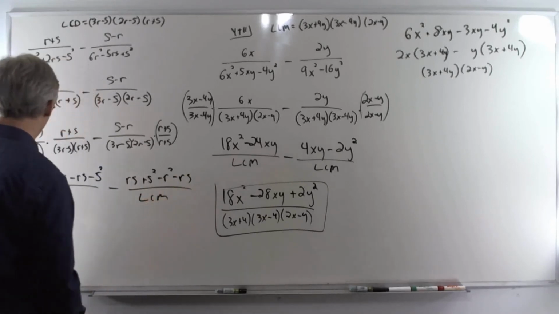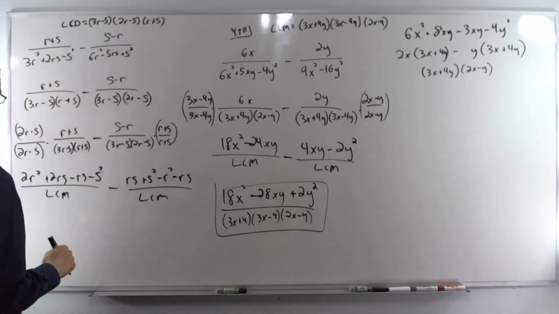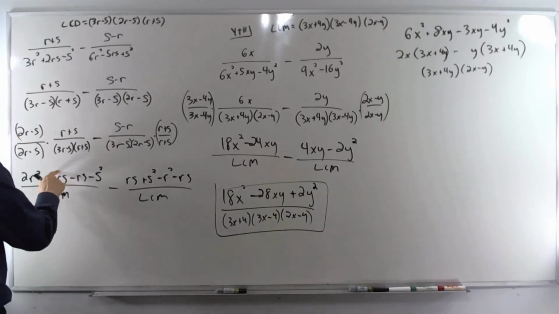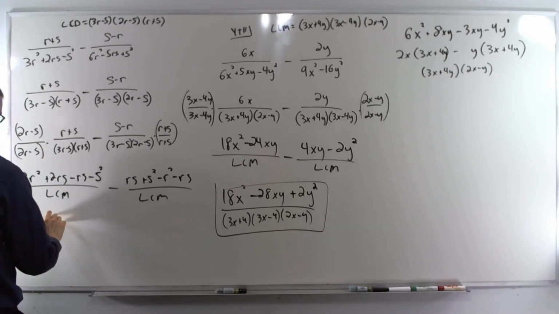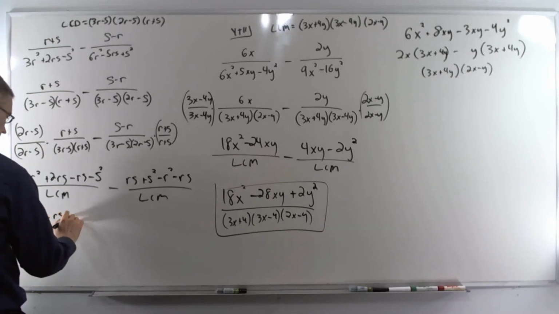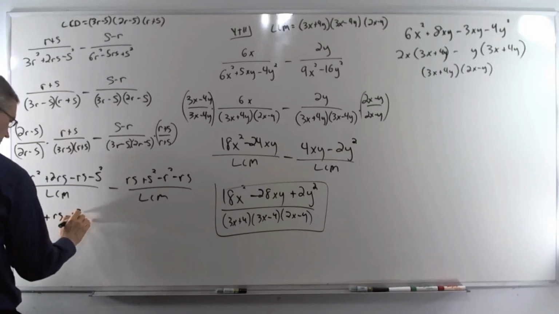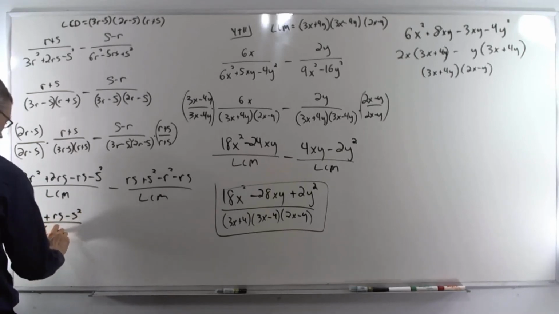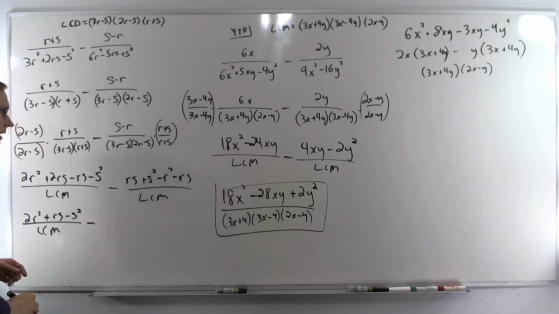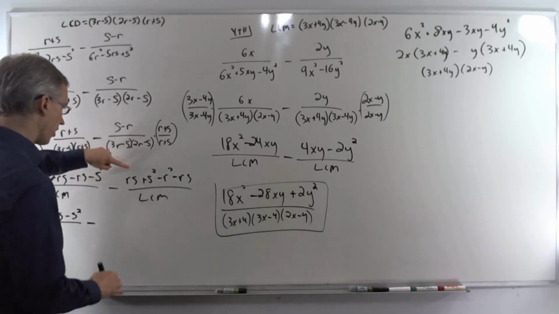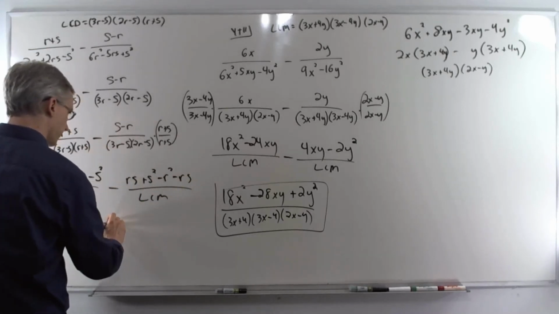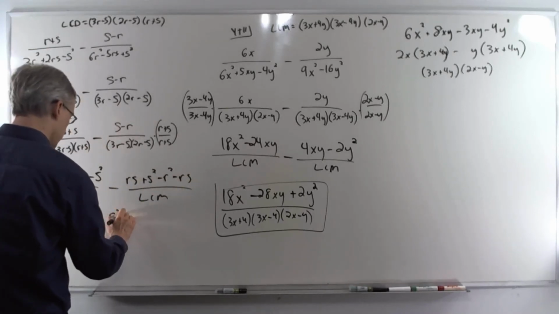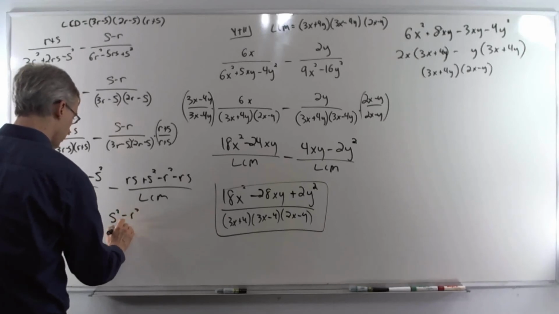over our LCM. All right, now we've got some like terms we can combine. Here we have 2rs minus rs, that's 1rs. So this turns into 2r squared plus rs minus s squared over the LCM. Minus, and on this side, we have rs minus rs, those cancel. So we just have s squared minus r squared over the LCM.